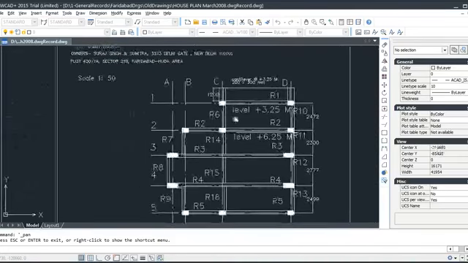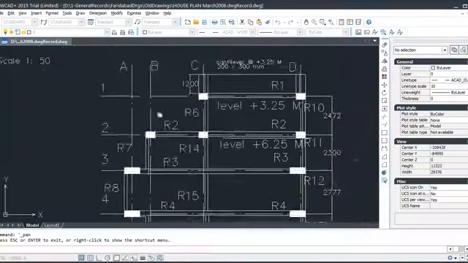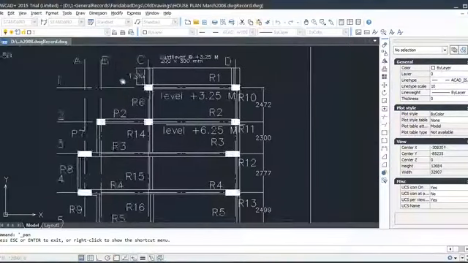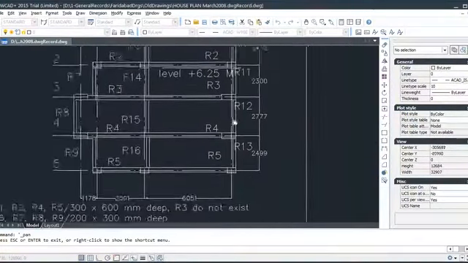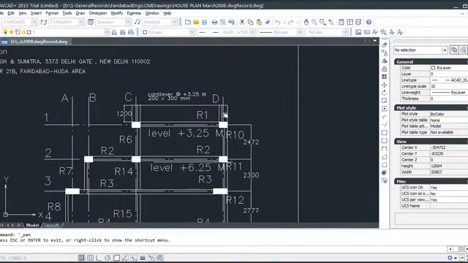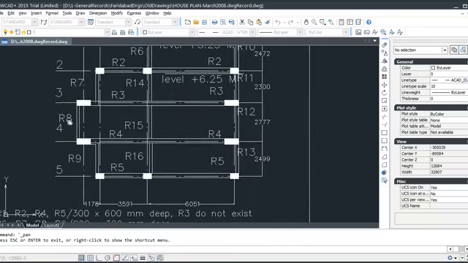Similarly, if you go to this one, it's another one. This is structural. Similarly here, these columns of framing are given with beams here, all structural beams.